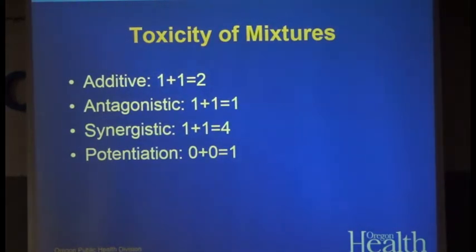The second one listed there is antagonistic, where the overall toxicity is less than what you'd predict by adding up the individual toxicities. And the synergistic one is, as has been mentioned, where the overall toxicity is greater than you would predict by adding up individual toxicities. And the last one there is probably the rarest, called potentiation, where two non-toxic chemicals can actually potentiate each other or be toxic together in a mixture.